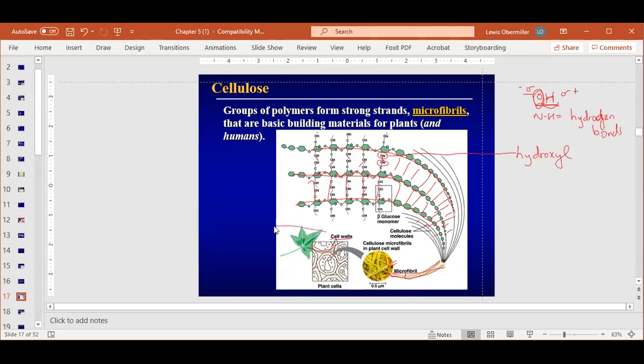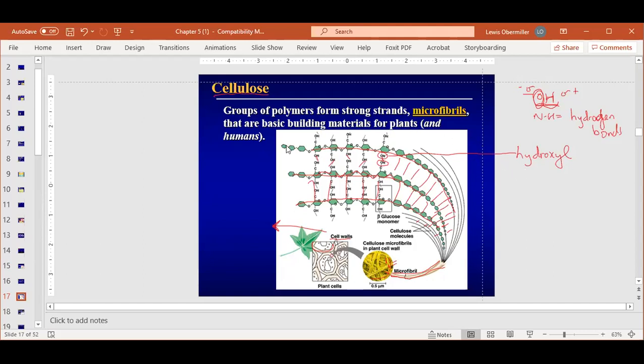If you don't believe that a plant cell wall is super strong, just run as fast as you can into a tree and see which one goes down, you or the tree. So these multiple hydrogen bonds give the cellulose molecule incredible strength.